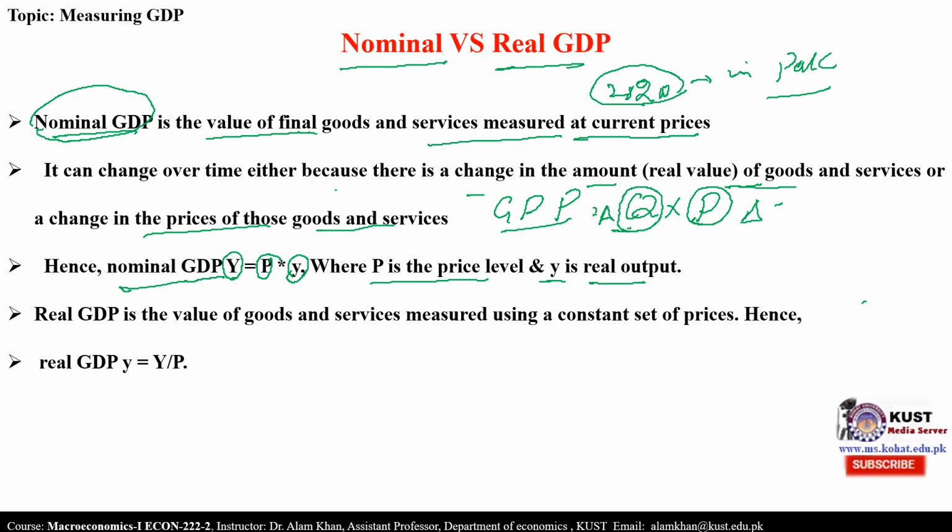On the other hand, real GDP is the value of goods and services measured using a constant set of prices. What does that mean?